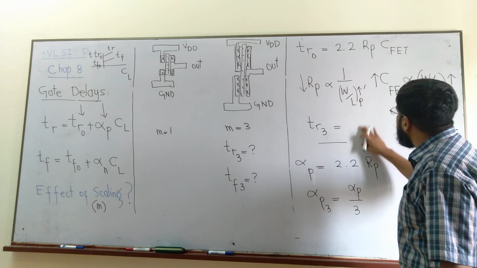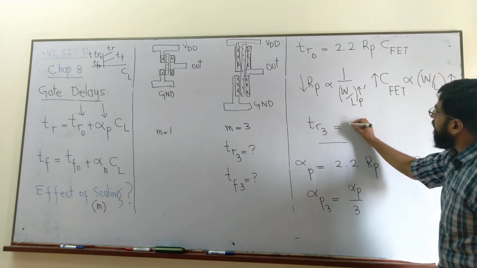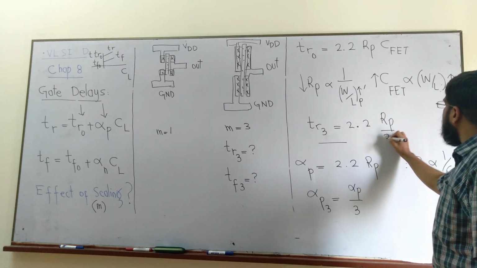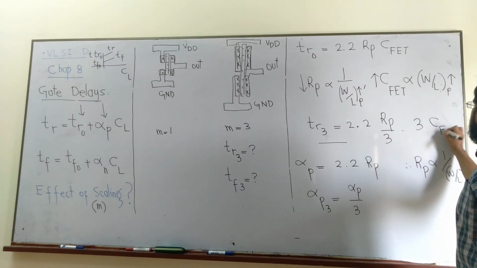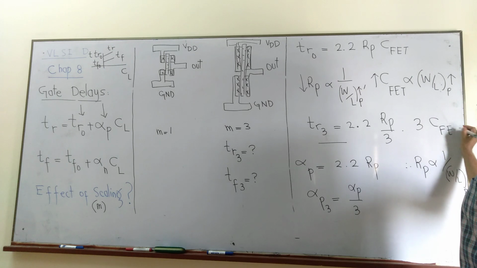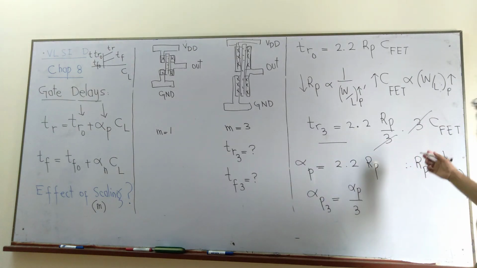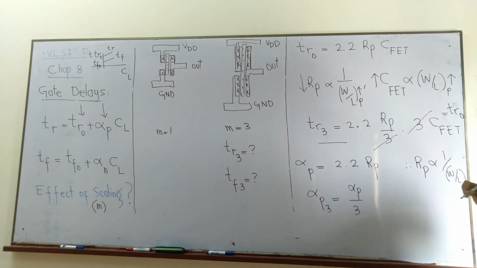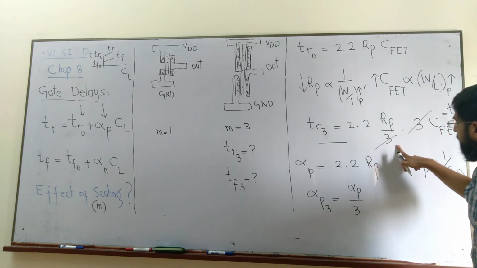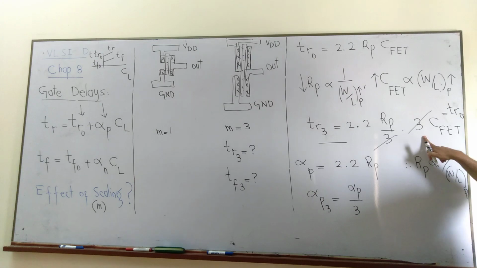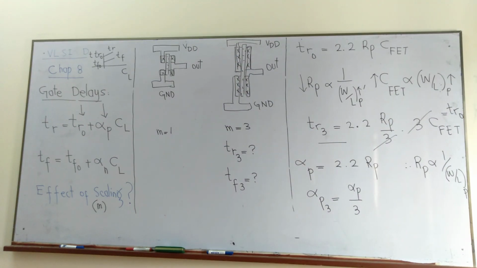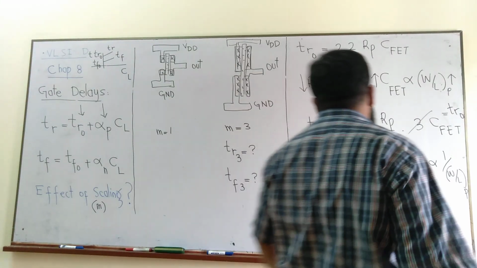Because for TR03 we have 2.2, RP is reduced by 3, and CFET is increased 3 times. So this 3 cancels with this 3, and we are left with the same TR0. So one term decreases 3 times, the other term increases 3 times, and the net effect remains the same.